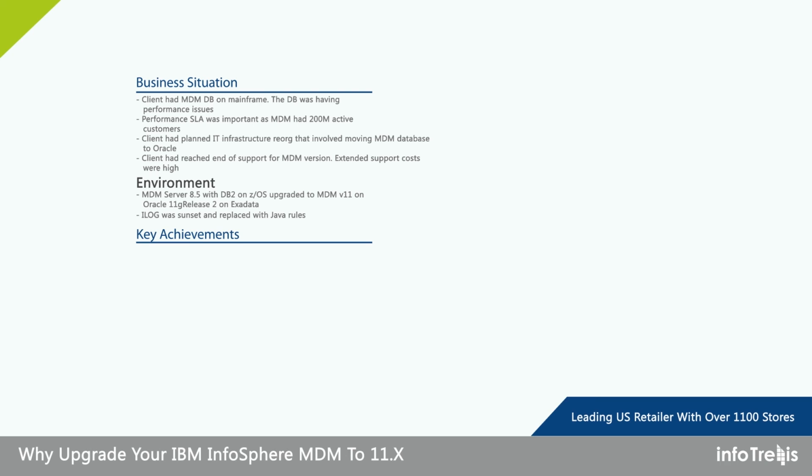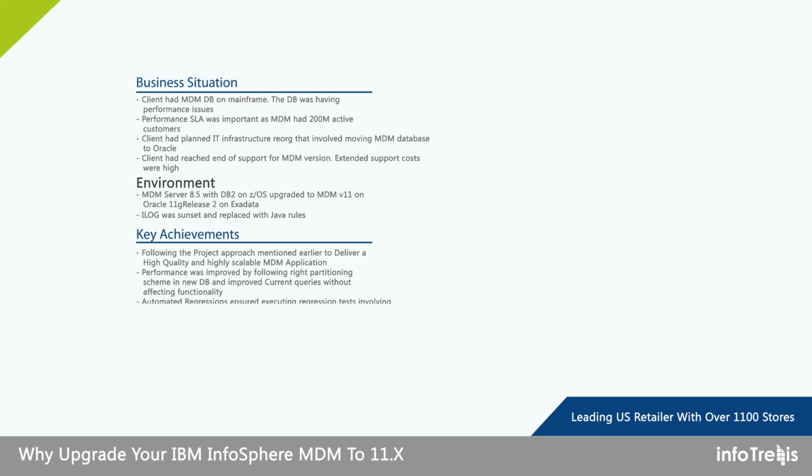InfoTrellis helped the customer by, number 1, following the project approach mentioned earlier to deliver a high quality and highly scalable MDM application. Number 2. Performance was improved by following the right partitioning scheme in the new database and by making improvements to current queries without affecting functionality. Number 3.